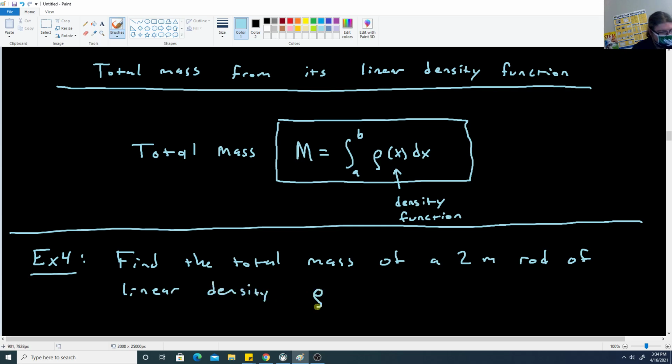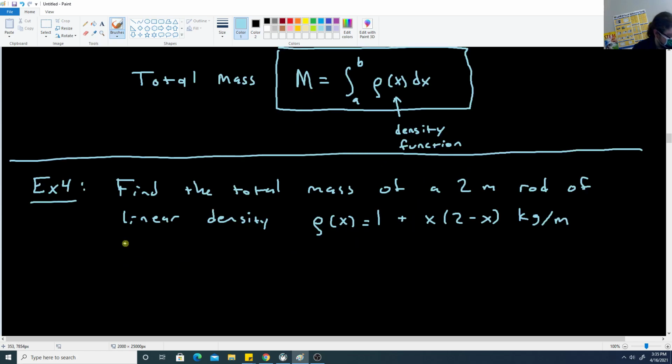They give us the function rho of x equals 1 plus x times 2 minus x. Units are kilograms per meter, where x is the distance from the end of the rod.